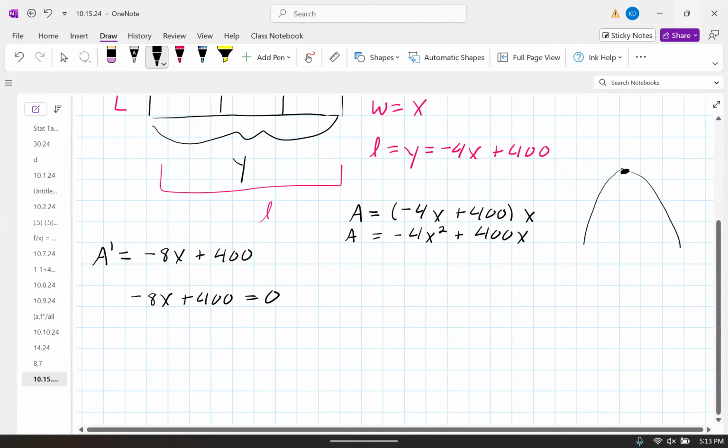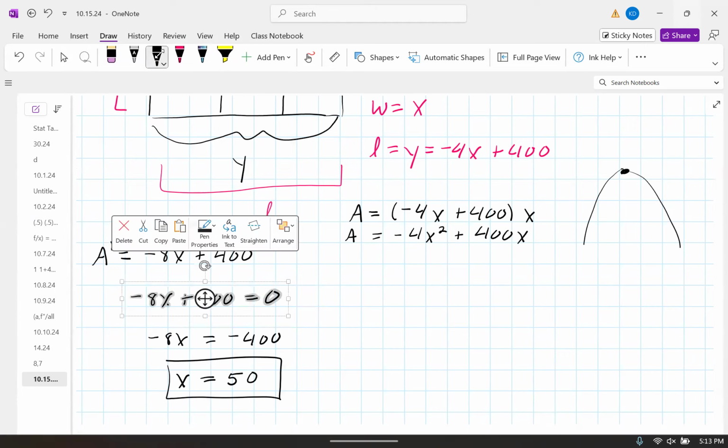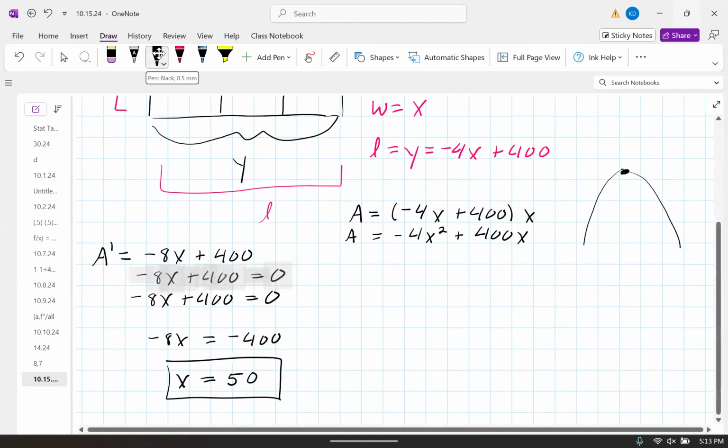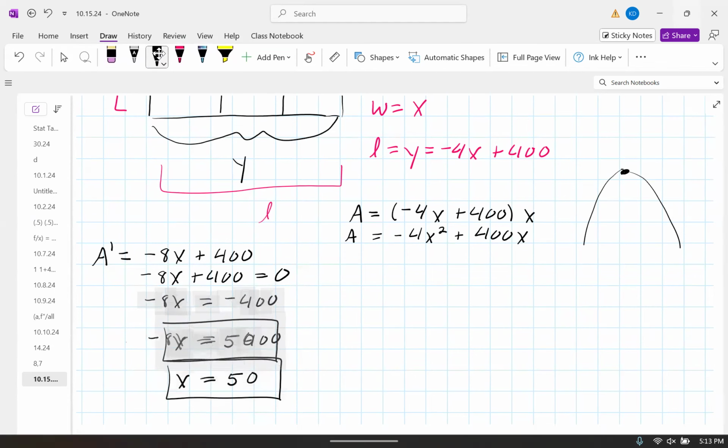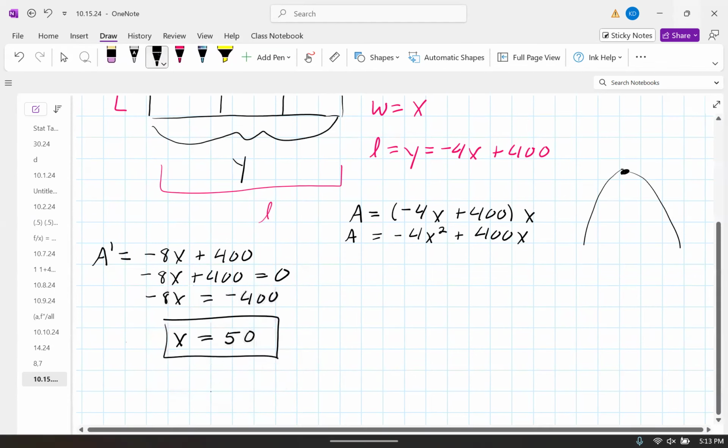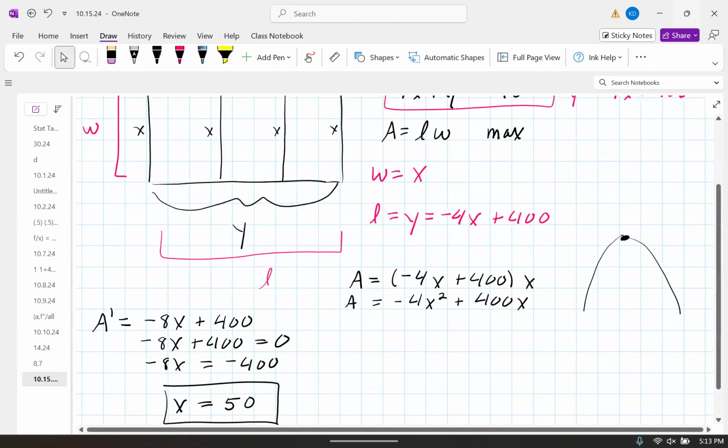Solve for x. I need to squish this a little more. So now I have my x value.